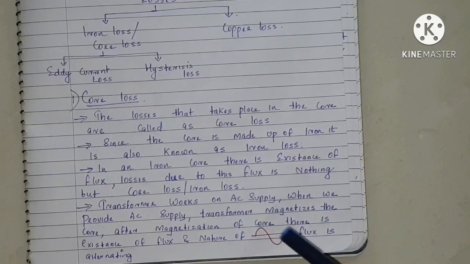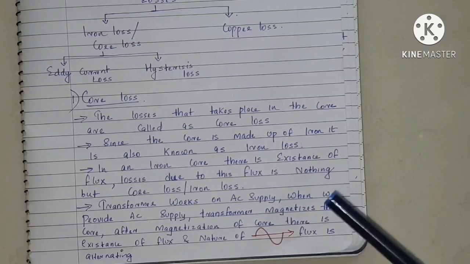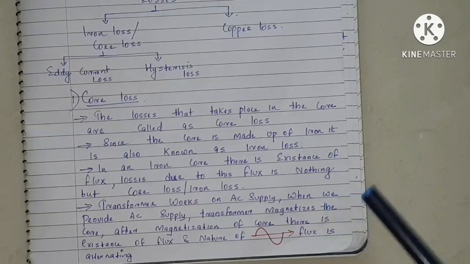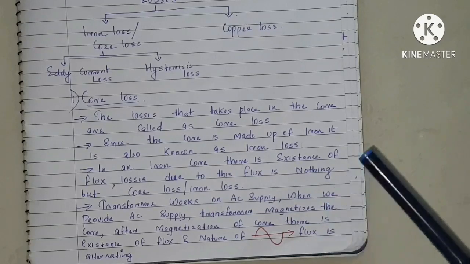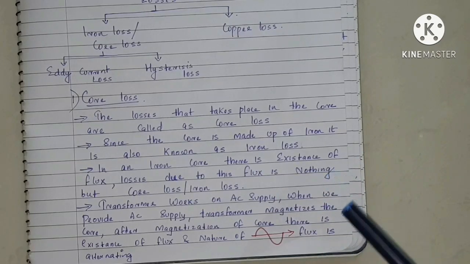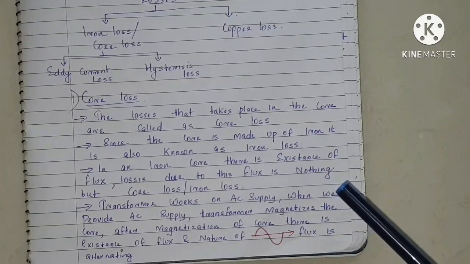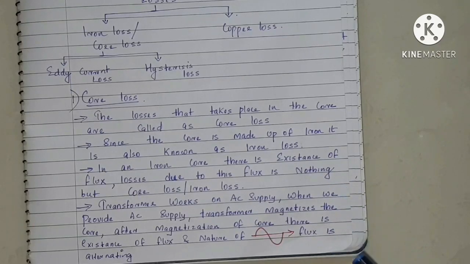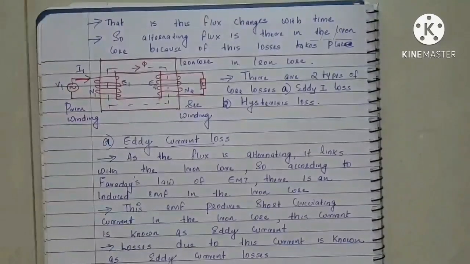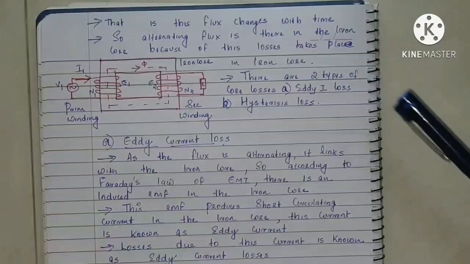We know that a transformer works on AC supply. When we provide AC supply, the transformer magnetizes the core, and after magnetization of this core, flux will exist. The nature of this flux is alternating, that is, the flux changes with time.